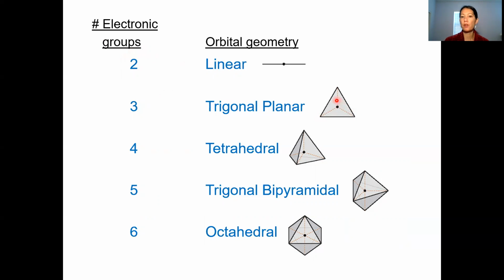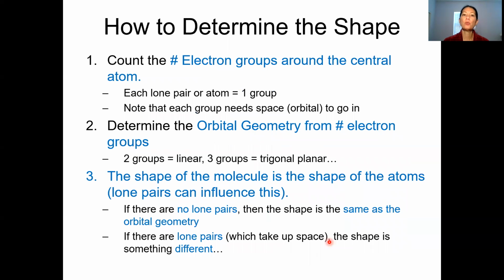This is another view of what these shapes look like. Here's the trigonal bipyramidal, 5 groups. The center dot is the central atom. Here's the octahedral. So your job in determining the shape is to identify the number of electronic groups around the central atom. Each of those needs to take some region of space to give us this orbital geometry.